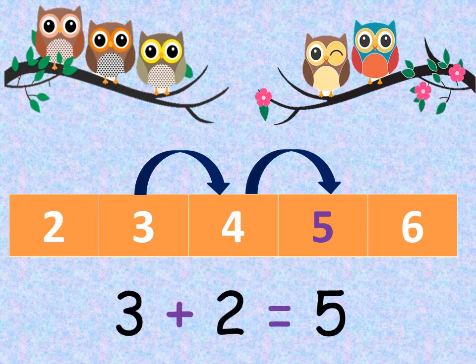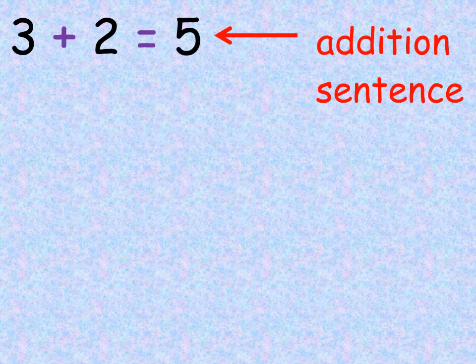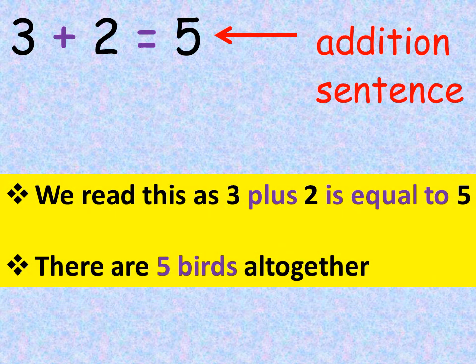It means 3 plus 2 is equal to 5. 3 plus 2 is equal to 5 is the addition sentence here. We read this as 3 plus 2 is equal to 5 and there are 5 birds all together.